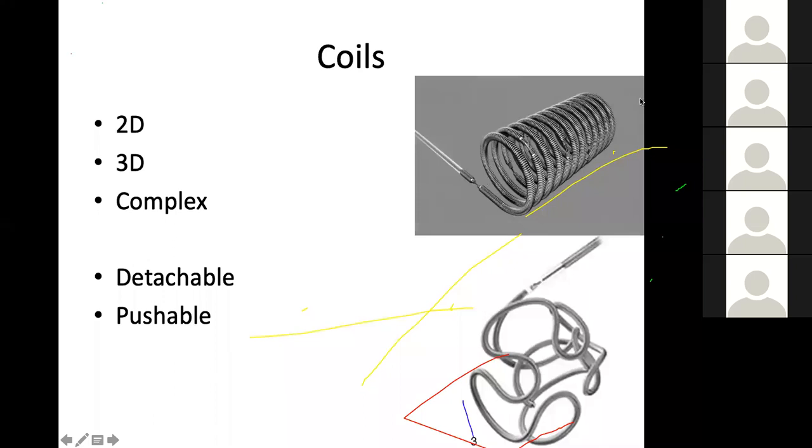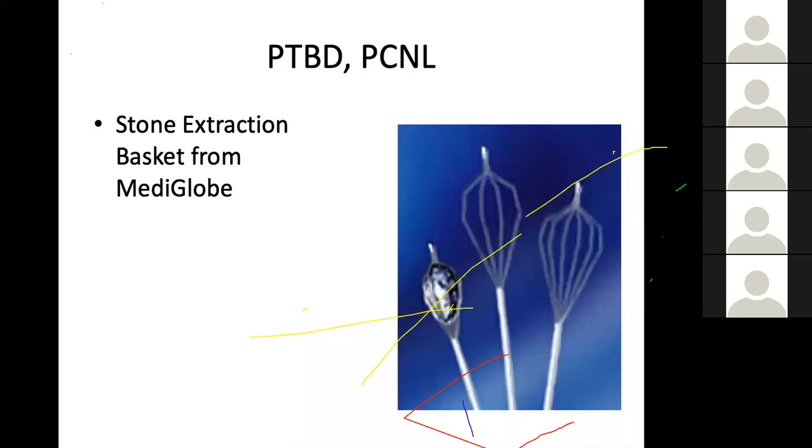If the distal most loop is lesser in diameter than the proximal most loop, it's a 2D coil. If it's a complex, like a ball, then it's a 3D or a complex coil. So that much about coils.